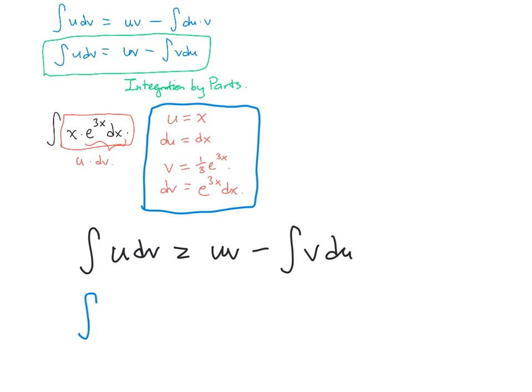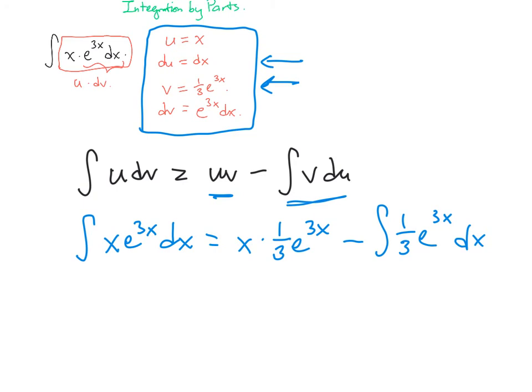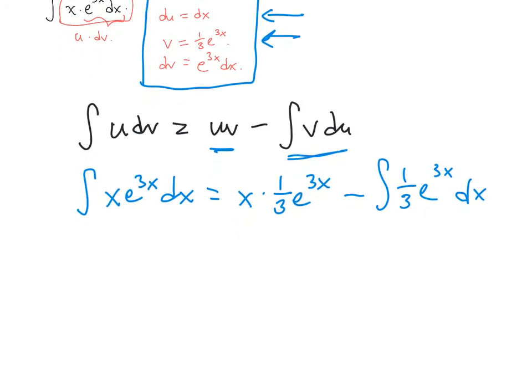So that's going to tell me that the integral of x e to the 3x dx is equal to u times v, that in this case is x times 1/3 e to the 3x, minus the integral of v du. That's going to be the integral of, let's see, v was 1/3 e to the 3x, and then du was dx. And now I look at that and I say, okay, that looks awfully complicated, but it's actually an improvement.